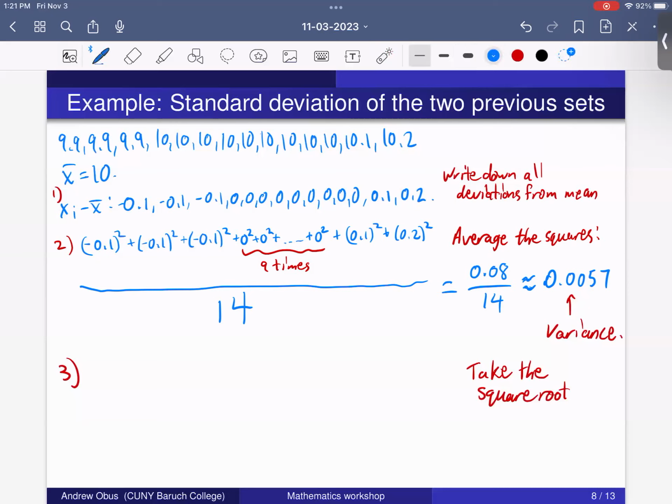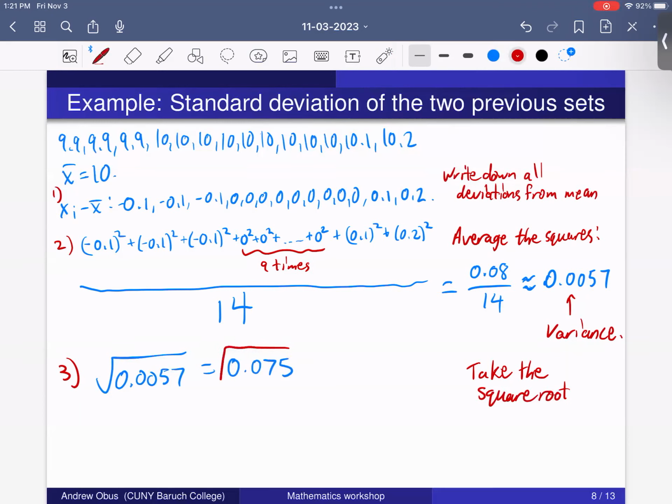What happens when we take the square root here? We get the square root of 0.0057, and that I cannot do in my head. So let me see. This turns out to be roughly 0.075.